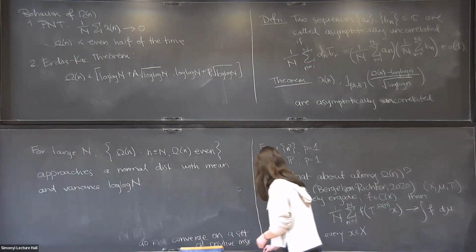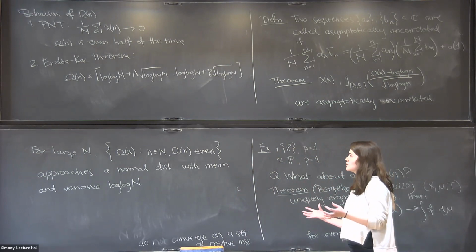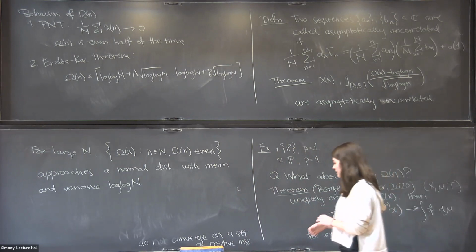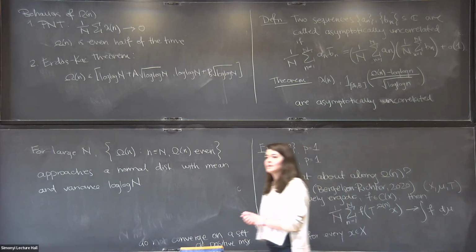We don't actually get any situations where the even values are somehow distributed differently within such intervals. They're still following this same normal distribution.